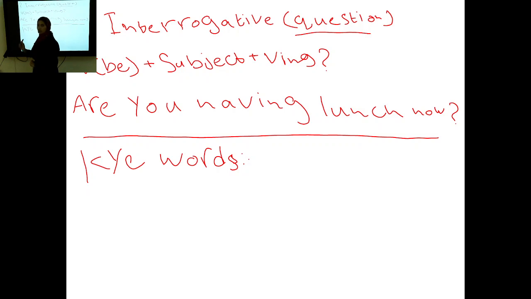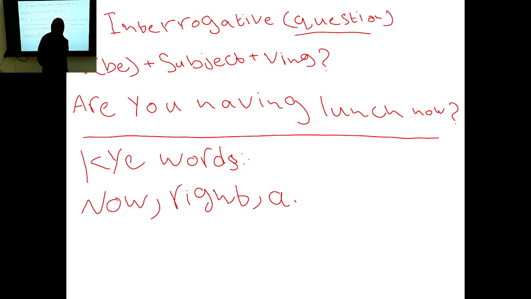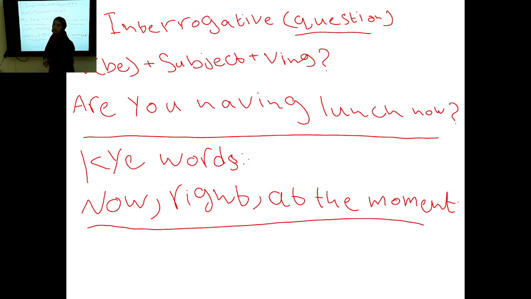And these keywords help you to figure out when to use such a tense or tenses in general. Now, I think you are all familiar with this one, right now and at the moment. Okay, these are the most common keywords for the present continuous tense, and thank you for listening.